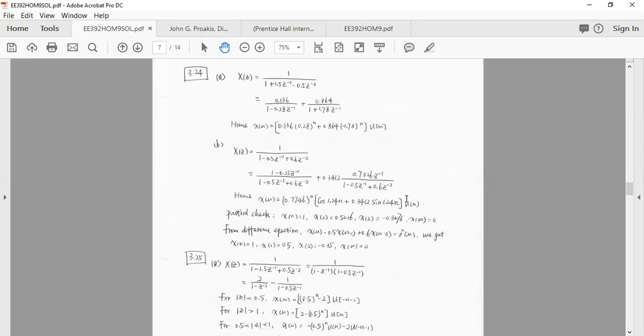You can verify whether the signal we have obtained is accurate using a partial check.